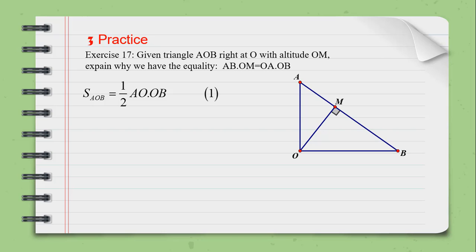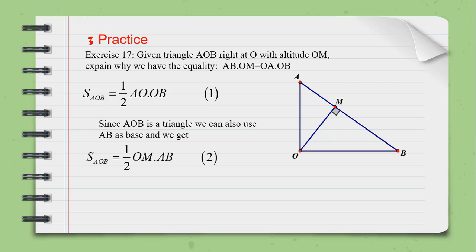So we can use AB as the base, and the formula for a triangle gives 1/2 of OM times AB.